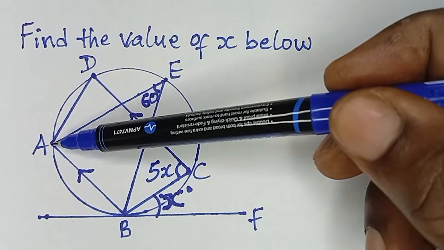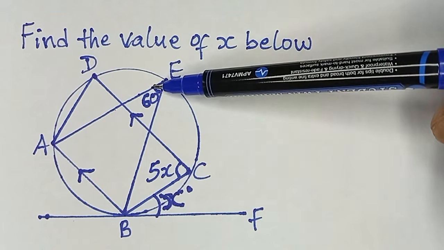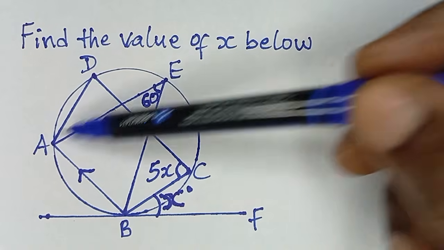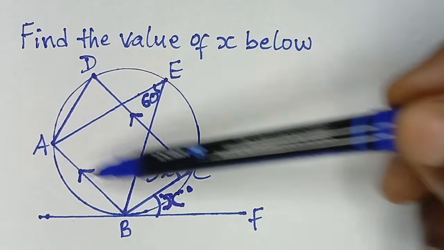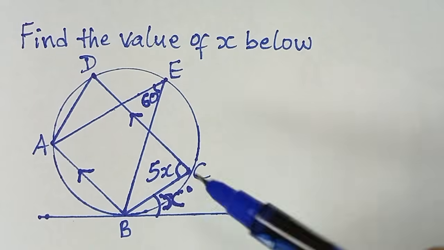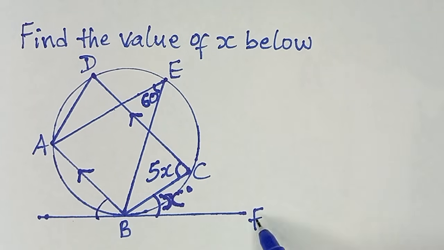So if you look at this chord AB, it has this angle 60 degrees inside this triangle AEB. And again, this chord AB makes this angle with the tangent BF.